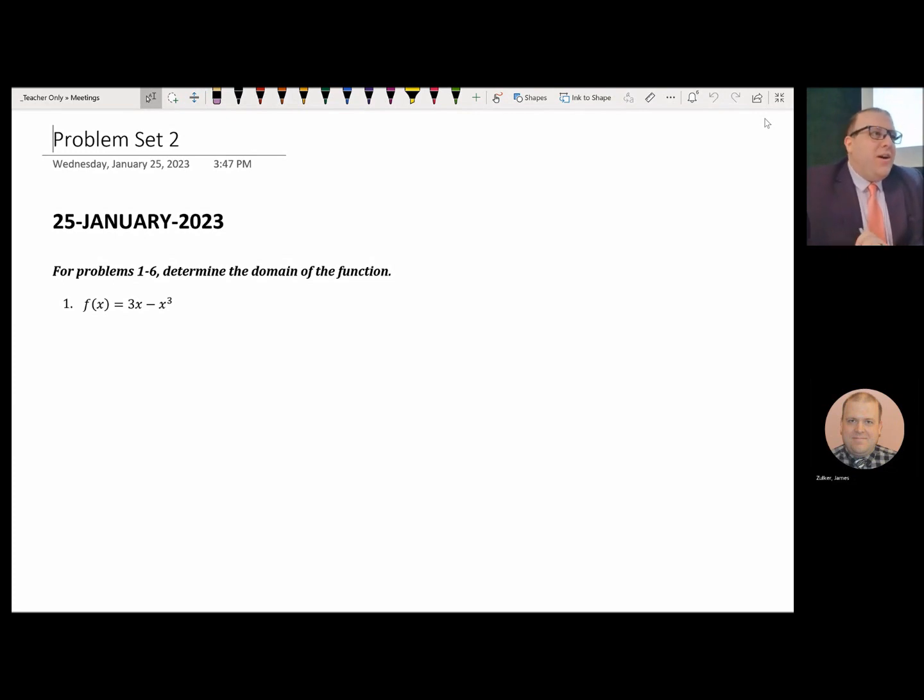But remember that a function is a mapping from one set into another set. Typically, for the calculus sequence, since calculus is the study of the set of real numbers, it'll always be the set of reals into the set of reals, or a subset of the reals into a subset of the reals. And so it typically looks something like this. Right, F is a mapping from the reals into the reals.